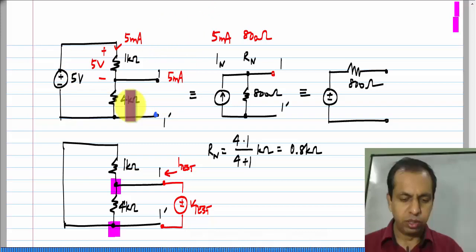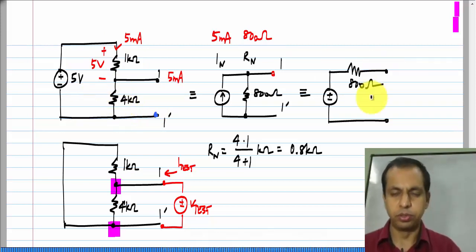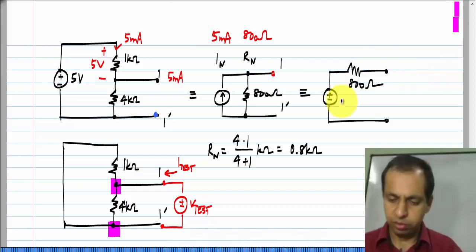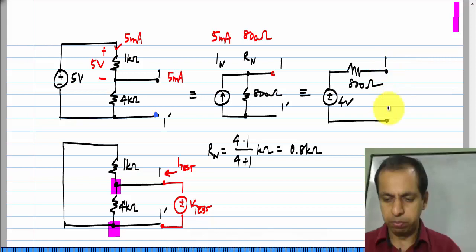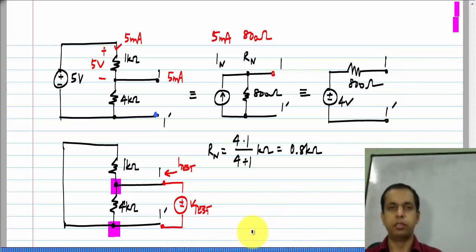So, using the voltage divider expression, the voltage between these two is 4 kilo ohm divided by the total resistance 5 kilo ohms times 5 volts. So, that is 4 volts. That also confirms the formula that we derived earlier. So, this will be a 4 volt source in series with 800 ohms. So, a very simple example.